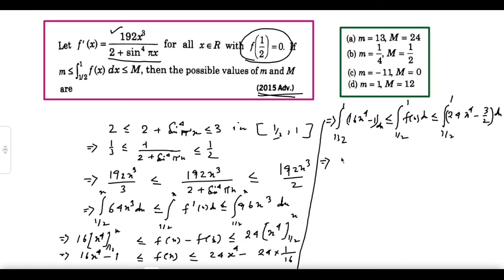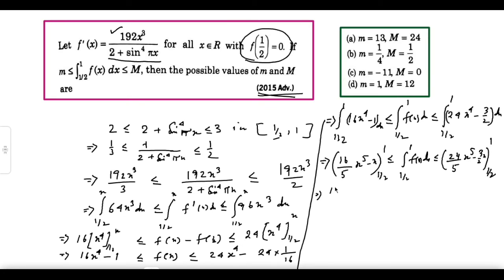It implies 16 divided by 5 x to the power 5 minus x over half to 1, less than equal to integral half to 1 of f of x dx, less than equal to 24 divided by 5 x to the power 5 minus 3 by 2 x over half to 1.